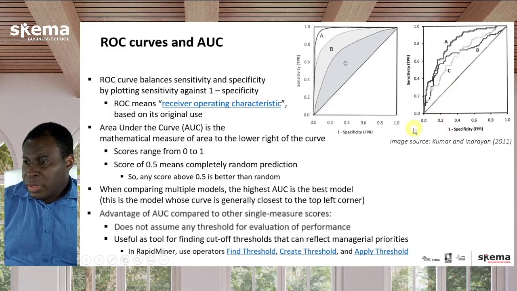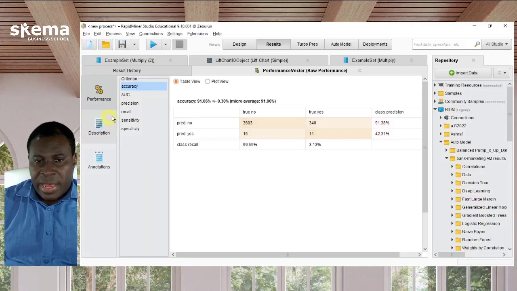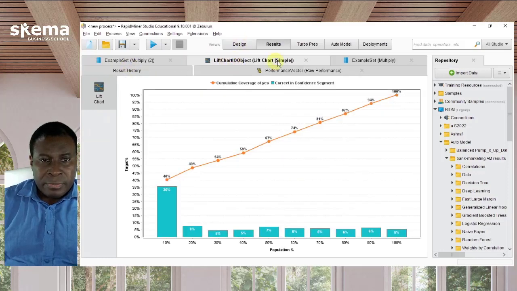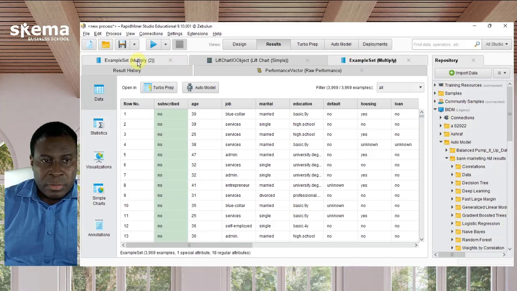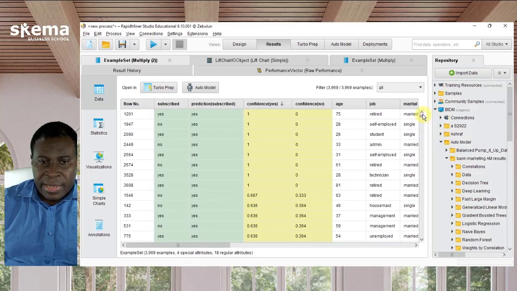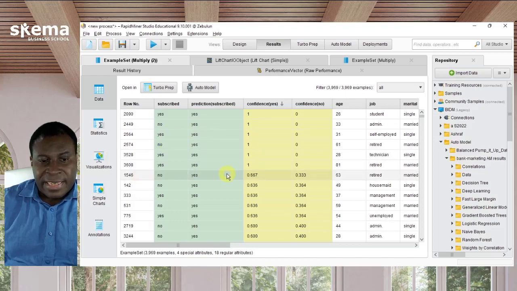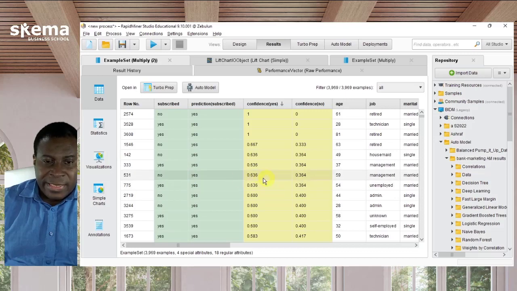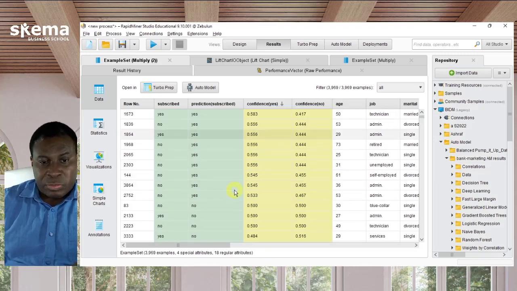So if we look at the results that we have from our analysis in RapidMiner, here, what the AUC curve is really doing is saying how many times the model guessed correctly versus how many times it guessed wrong. And if the cutoff were set at what point, then how many times would it say yes? How many times would it say no?